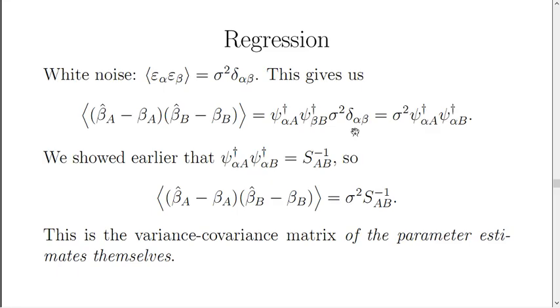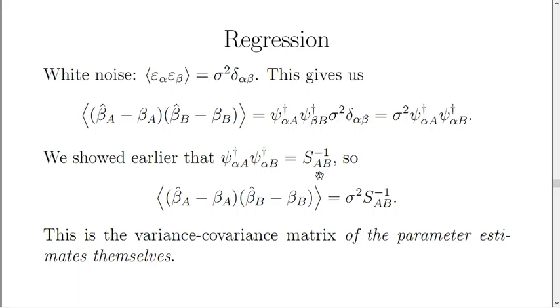Now, because of the Einstein summation convention, this represents a sum over all alpha values and over all beta values. But the Kronecker delta is non-zero only when alpha and beta have the same value. So those are the only terms that really survive in the sum, and what I'm left with is variance times the sum over all alpha values of dual trial vector A and dual trial vector B. Well, we saw earlier that the inner product of two dual trial vectors gives the inverse S matrix.